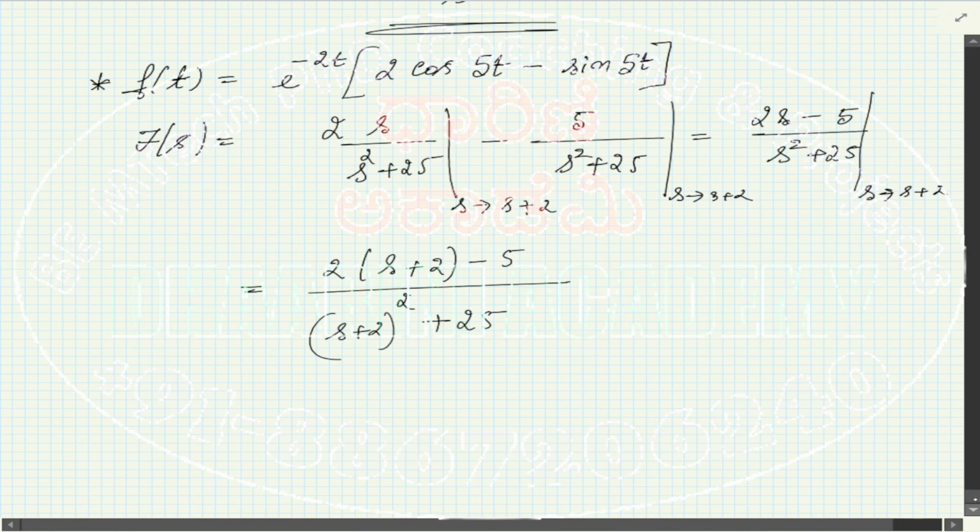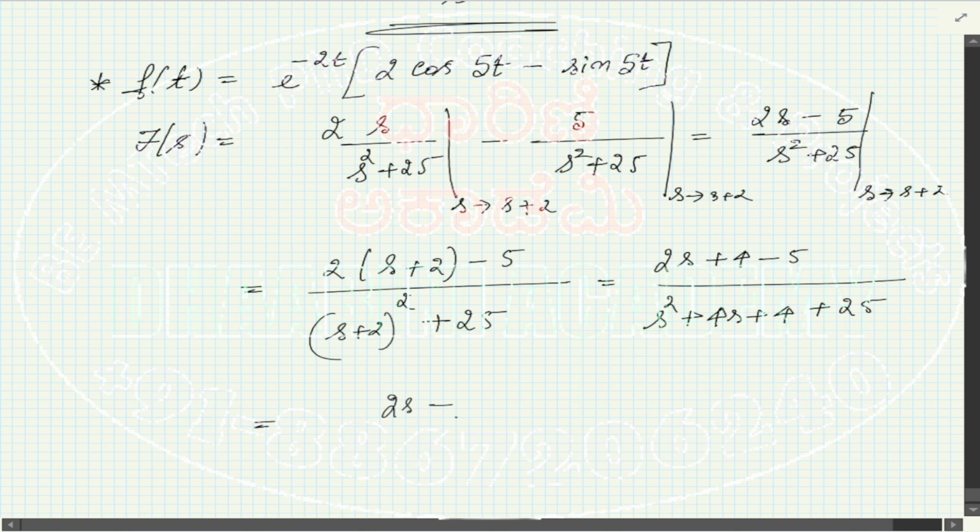Let us expand this. So this becomes 2s plus 4 minus 5 whole divided by s square plus 4s plus 4 plus 25. So the final answer, f of s, is equal to 2s minus 1 whole divided by s square plus 4s plus 29, which is the required answer.